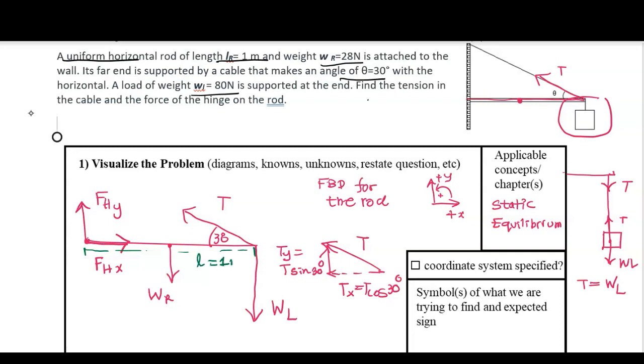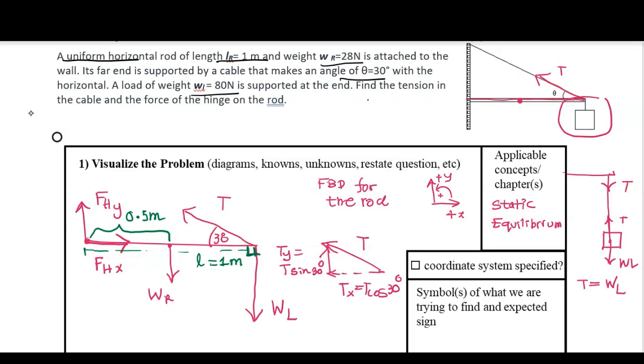So that is the length of the rod, equal to 1 meter, and then the center of mass is at the midpoint of the rod, so that should be 0.5 meters. And then we know the weight of the rod is equal to 80 newtons.